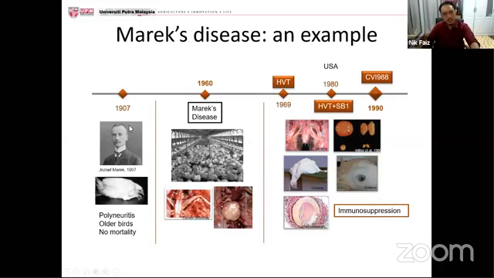It was first described in 1907 as polyneuritis, and as the poultry industry intensified, it caused a high increase of losses in the 1960s, and over time vaccines have been produced since then. In 1969 for HVT, in 1980 it was used in the USA, and CVI-988 was used in the 1990s. This is the USA example, but they were established a lot earlier.